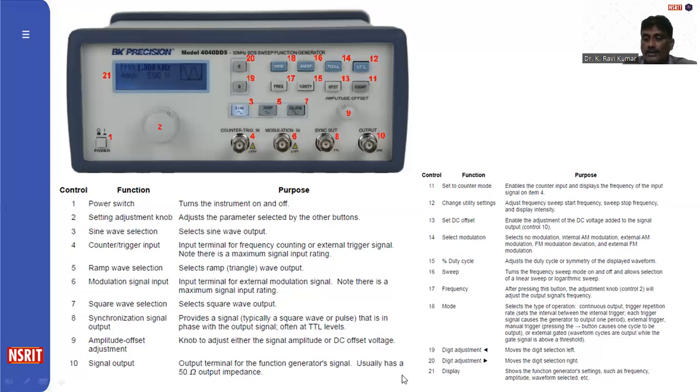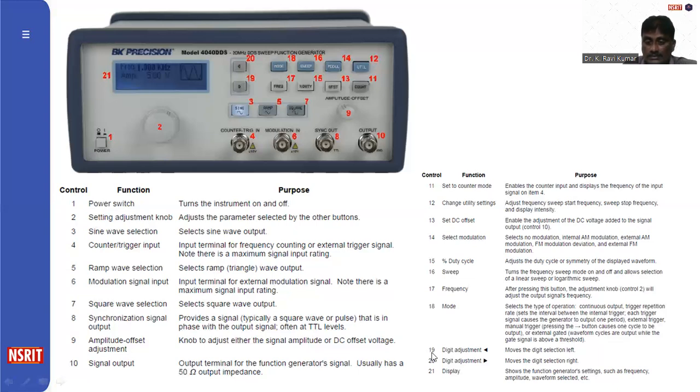Externally triggered or manual trigger: pressing the button causes one cycle to be output. External gated means waveform cycles are output while the gate signal is above the threshold level.